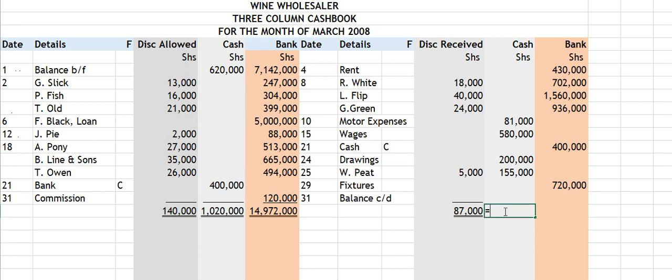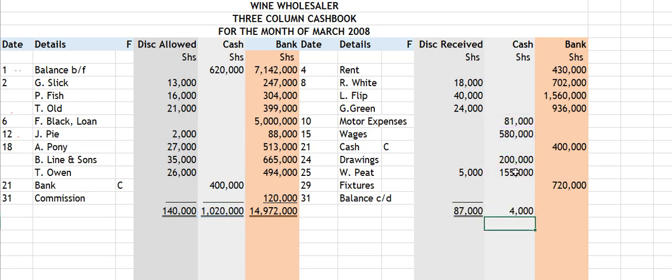Alternatively, what you can do, just get the total on the debit, then you minus the amounts on the credit column of the credit side of the cash column. You get the total 1,020,000 minus the amounts in the cash column of the credit side. So minus this, and then minus this.